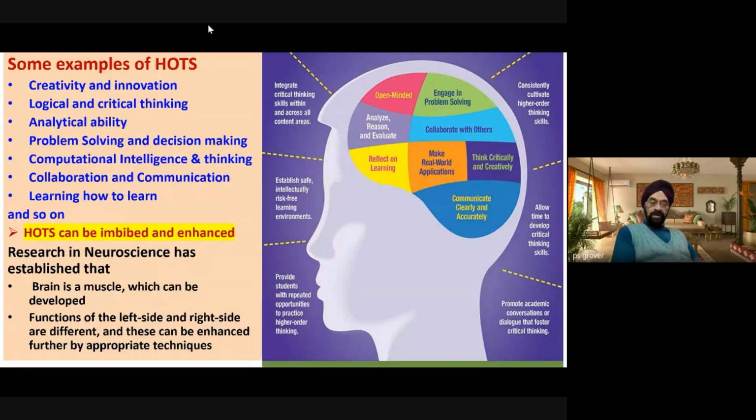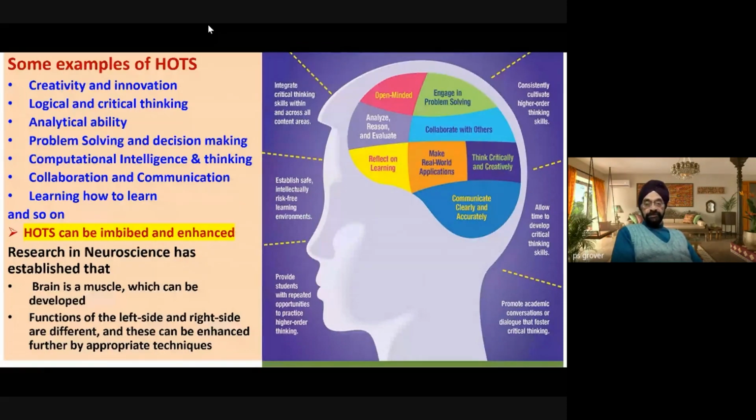And that proper kind of environment is provided by the complex real life projects. So research in neuroscience has established the brain is a muscle which can be developed. Function of the left and right brain are different, and these can be enhanced further with appropriate techniques. And PBL, project-based learning, is a very important technique to enhance these skills.